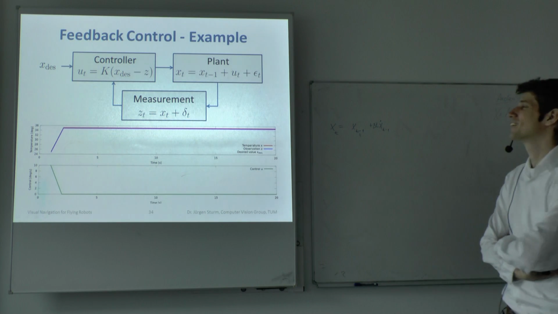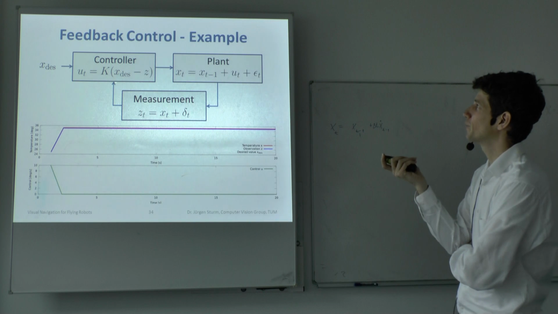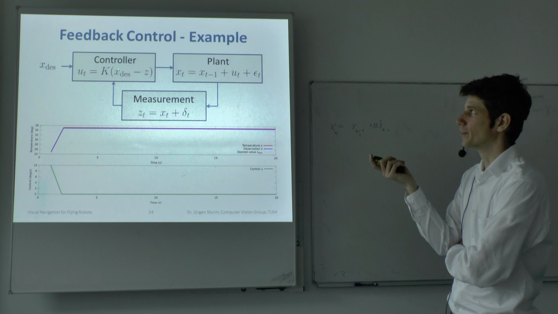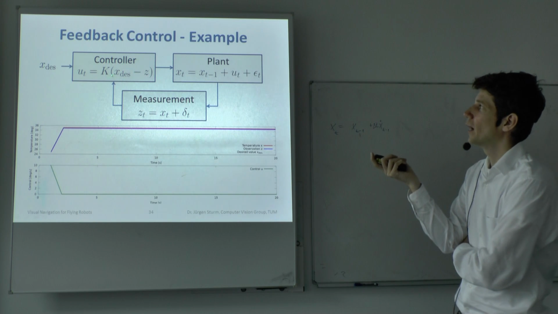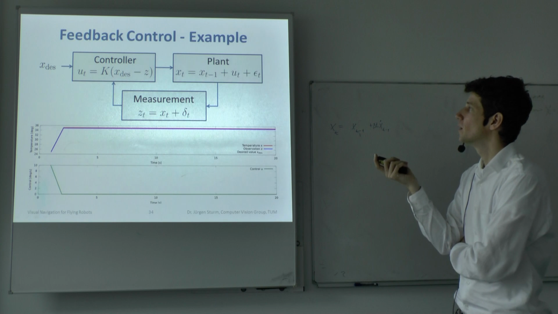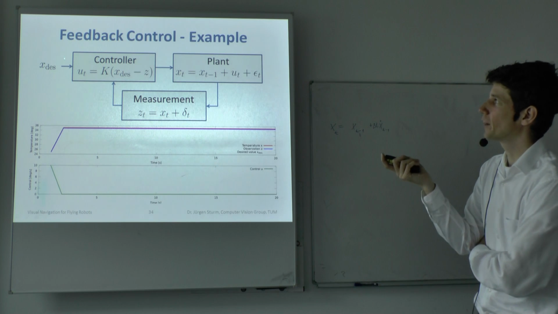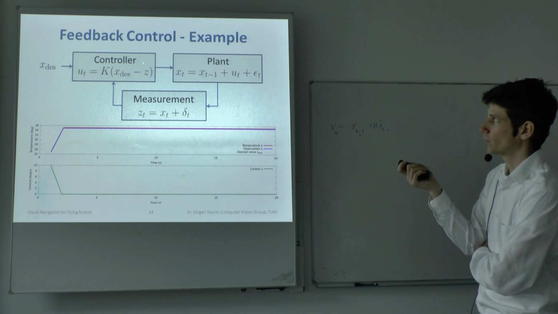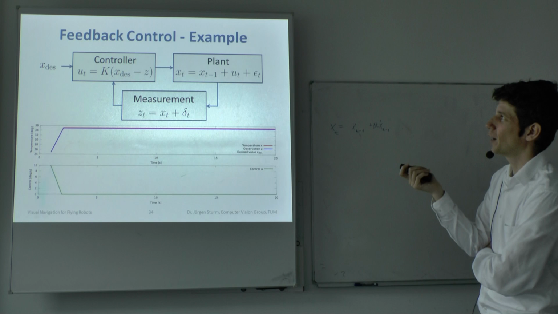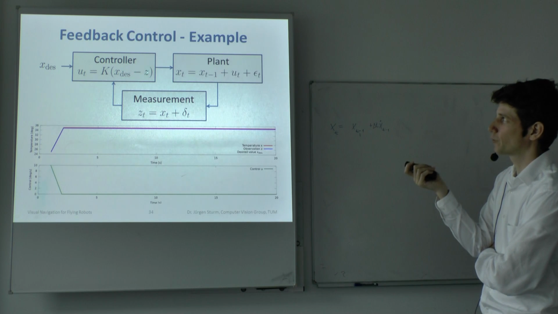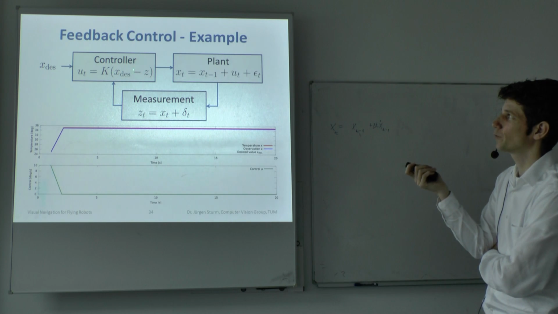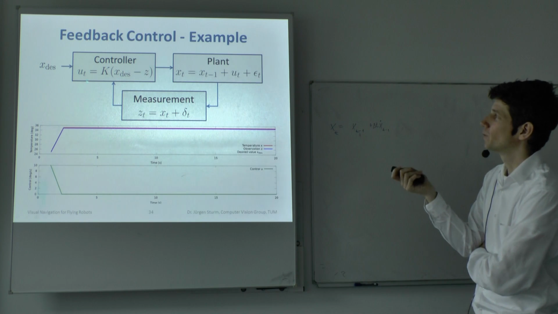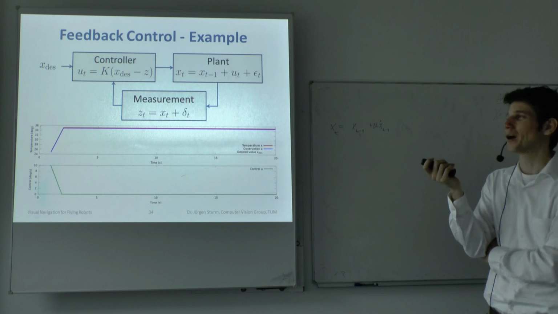But now let's look at it in more detail. If we have a very simple controller, we could just say we look at the difference between the desired temperature and the measured temperature, and we have a certain controller gain, K. And this product here will directly give us the control that we have to apply. So, for example, if we have measured 30 degrees and we want 35, then this would be 5 times a certain gain. Say the gain is 1, then we would apply a +5 to the temperature.